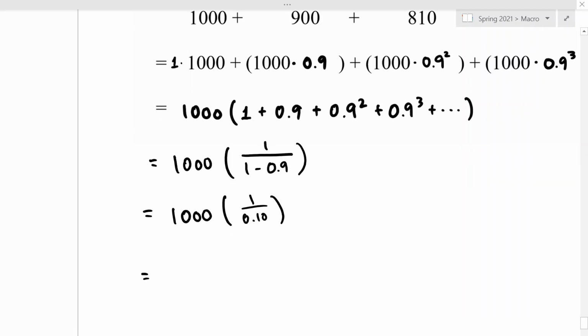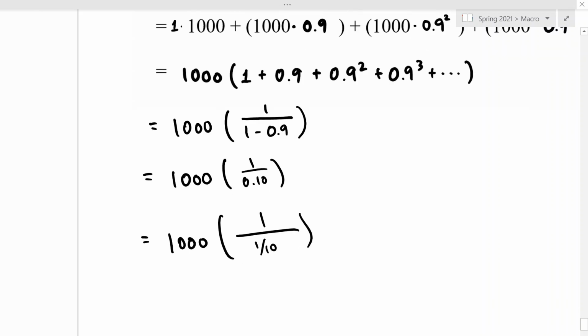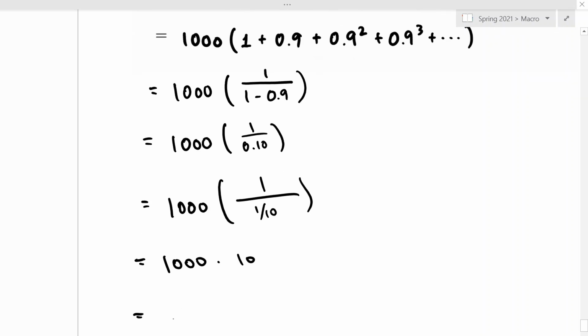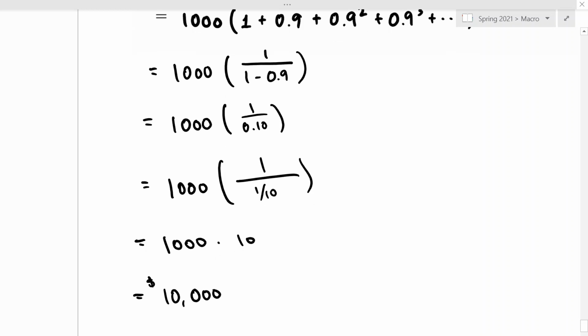And I'll just do an extra step. 1 over 0.1 is just 10, and so we can move that 10 up to the top. 1,000 times 10 for a total of $10,000. So what happened?